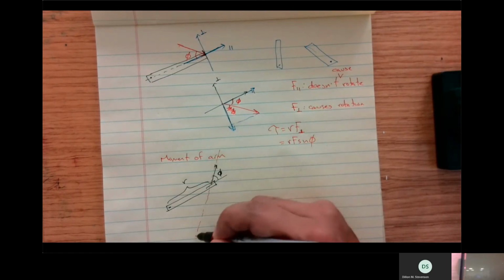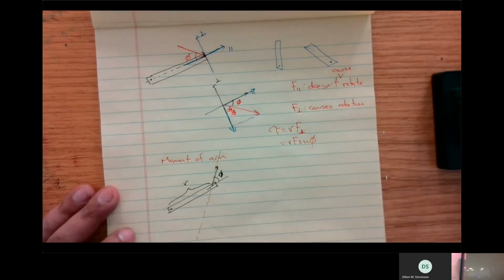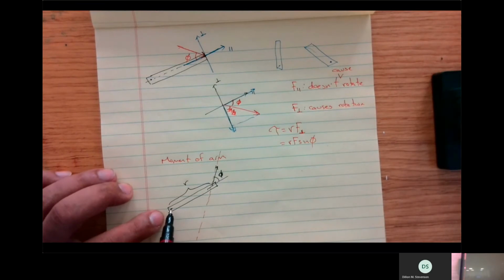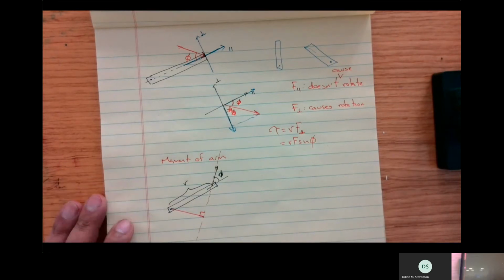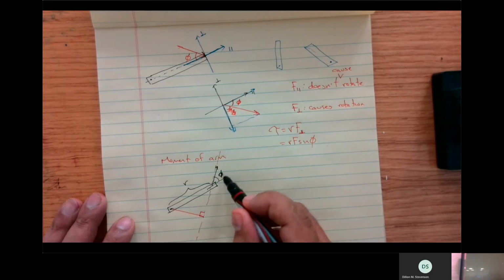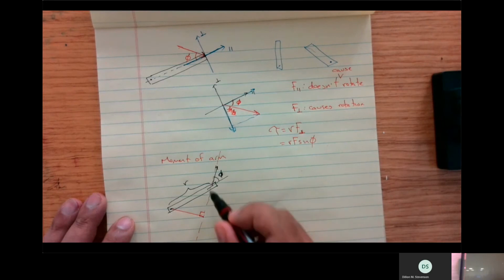Okay, and then I'm going to draw a line that goes from the pivot point and is perpendicular to this imaginary line that I just drew. So this angle is going to be 90 degrees. And if this is phi, then this one is also going to be phi.